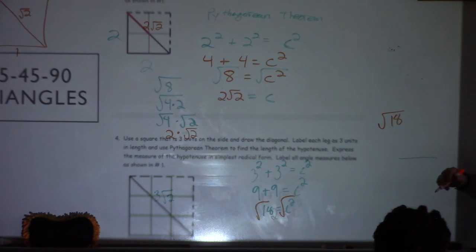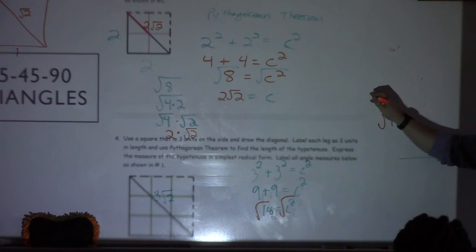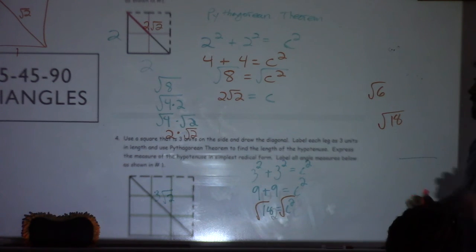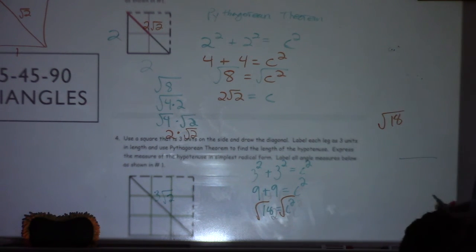No. I said 9. Okay, let's talk about 6. Put the square root of 6 into the calculator. Do we get an integer or do we get a decimal? You get a decimal, so I don't want the square root of 6. I say 9. Can you take the square root of 9?